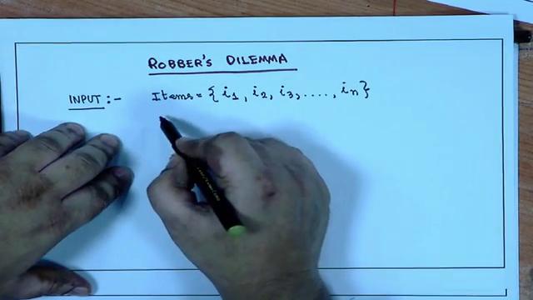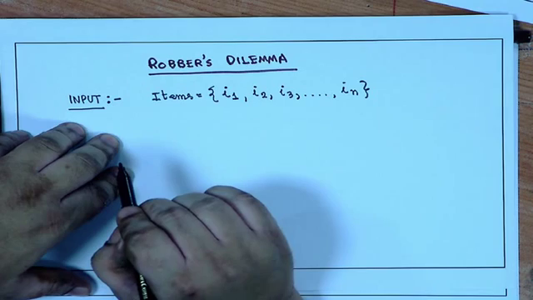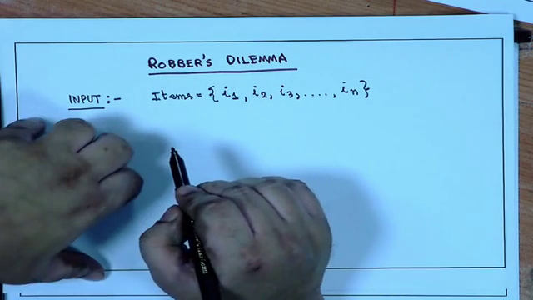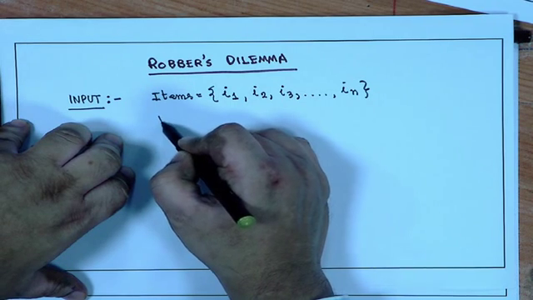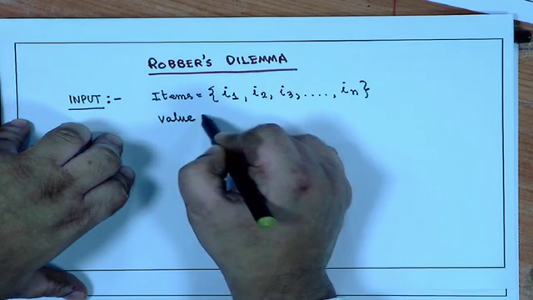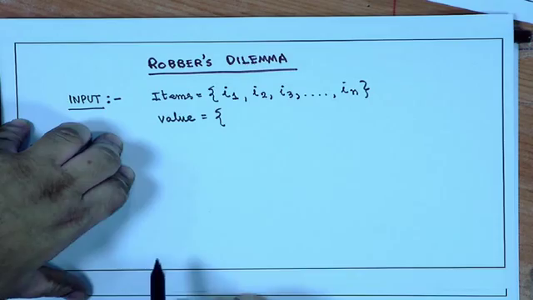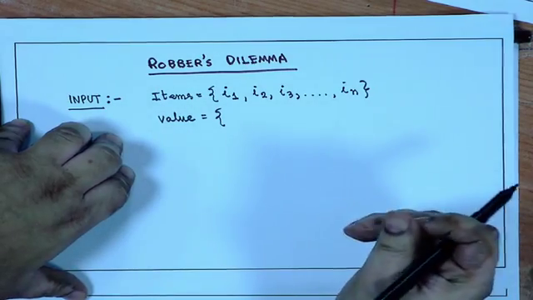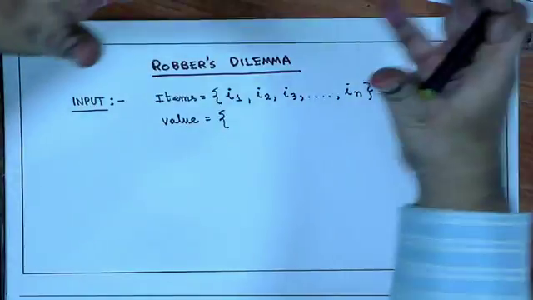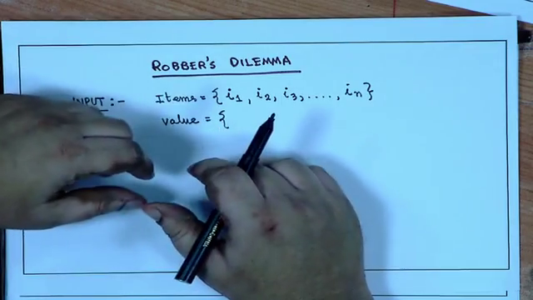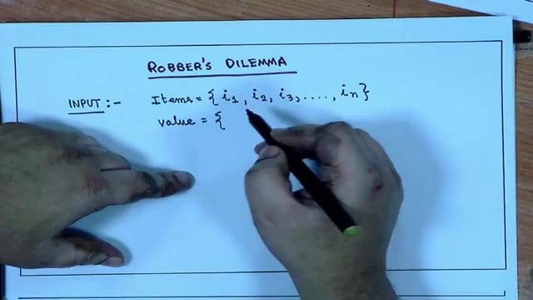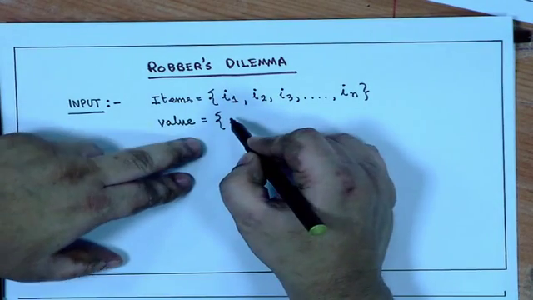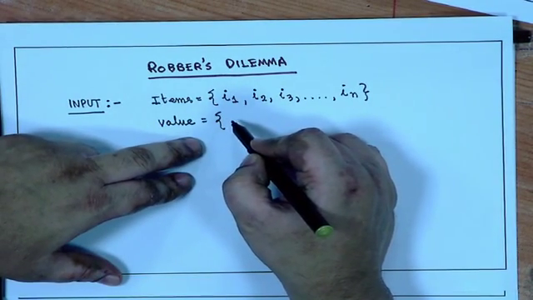Then, for each item, he finds out what is the value of that item. Because they are all small items, he can just take it like this and put it in his bag. He can take it in his hands and put it in his bag. So, he looks at the items. So, then he finds the value of these items per kg.